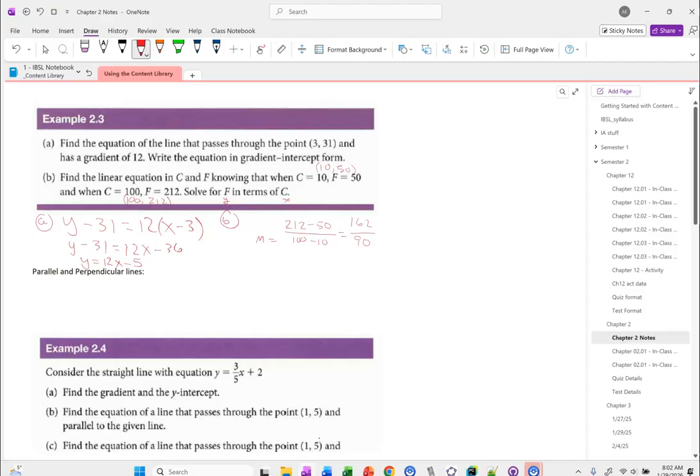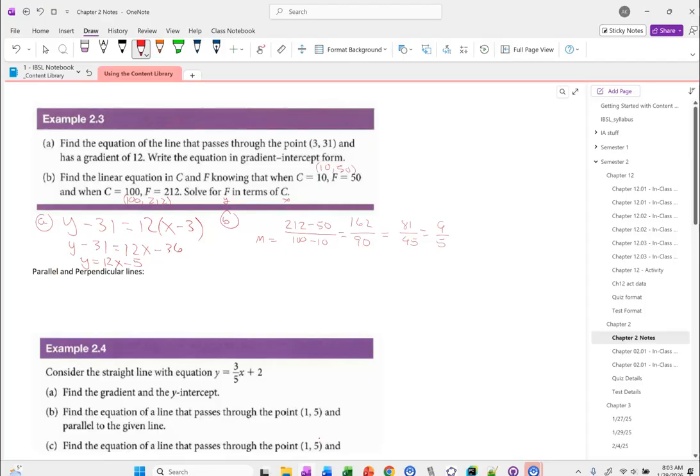Yeah. So 81 over 45. I can take a 2 out for sure. Can that reduce? What can I take out of that? 9, right? Can that reduce? Okay?